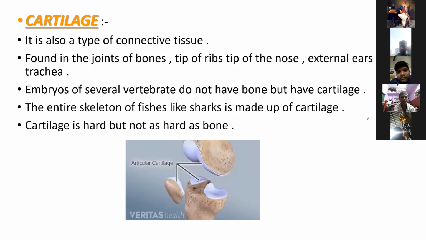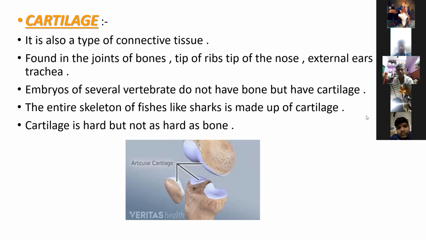Next, the embryos of several vertebrates do not have bone, but they have cartilage.